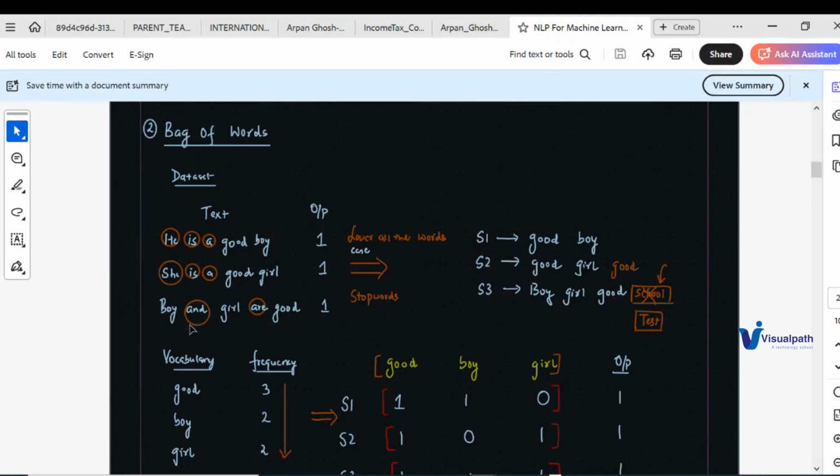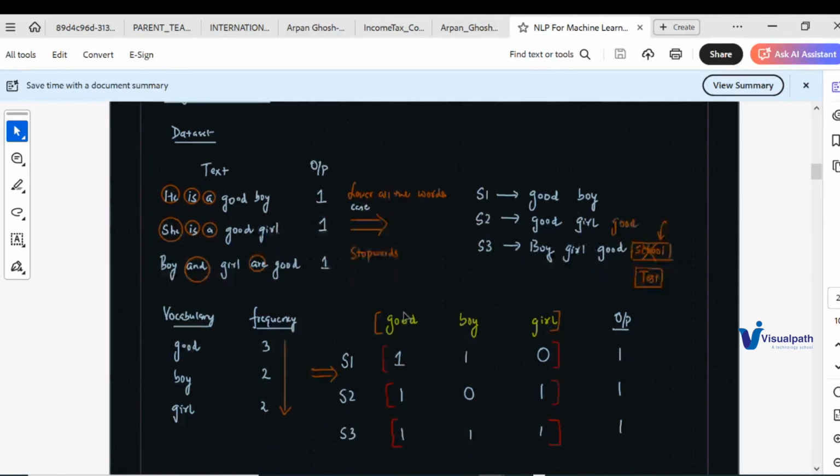That is what the bag of words technique does. Initially, they remove these unwanted words, that is stop words, and lowercase all the words. Once it is done, then how is it doing the encoding?